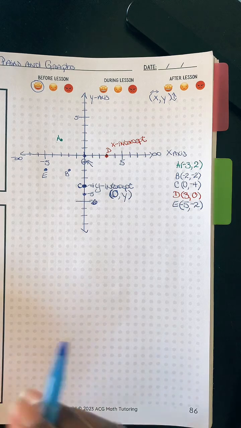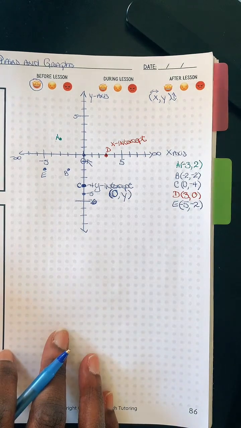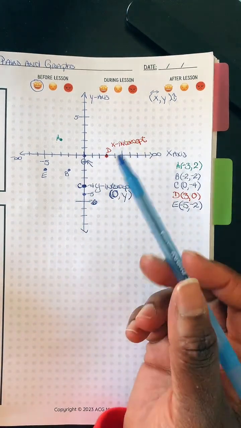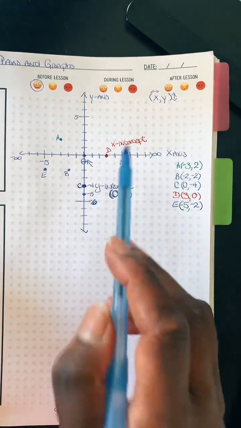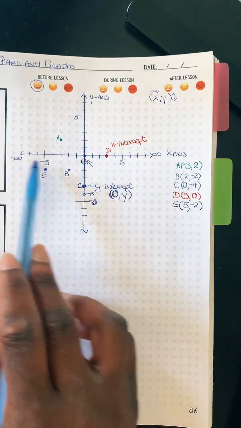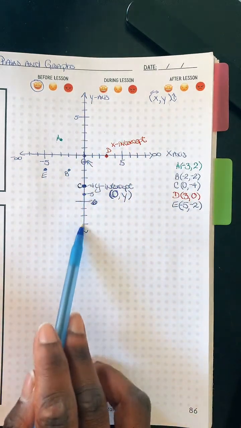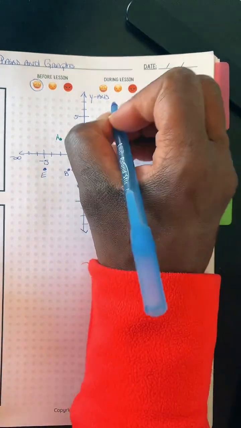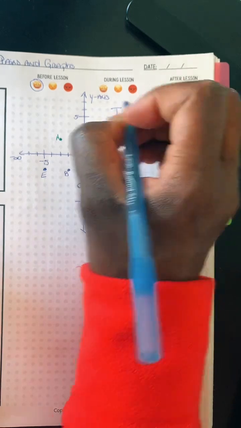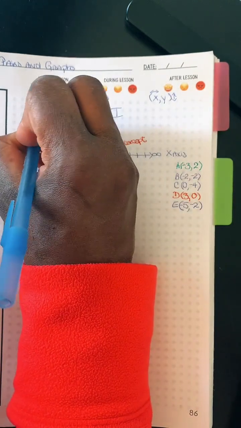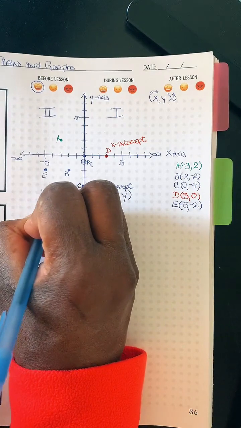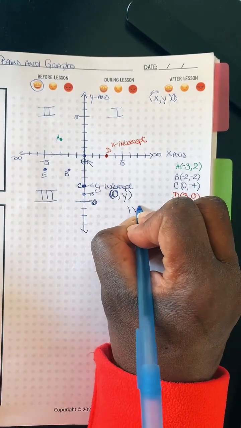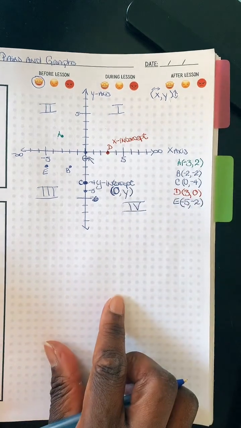All right, so here's the next part, and this is something that's going to carry over to Algebra 1, Algebra 2, and geometry. Notice that these two axes, these two number lines, break the plane up into 4 sections. We've got this section here, this section here, this section here, and this section here.